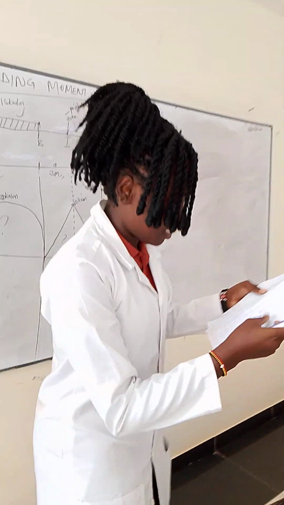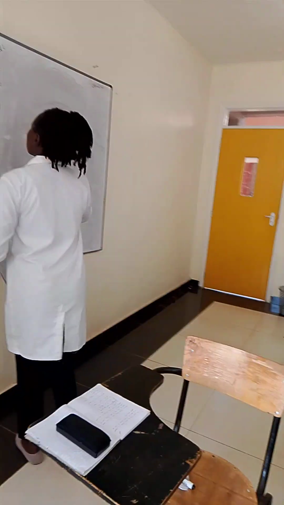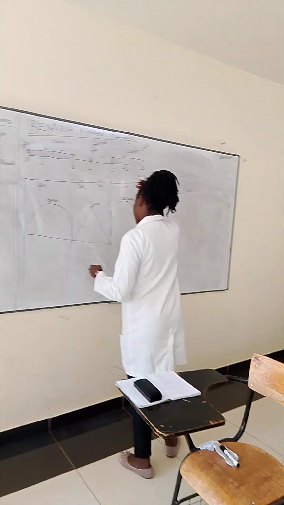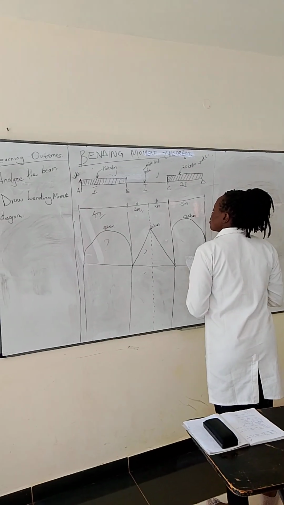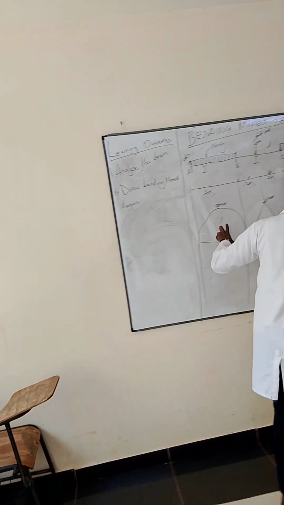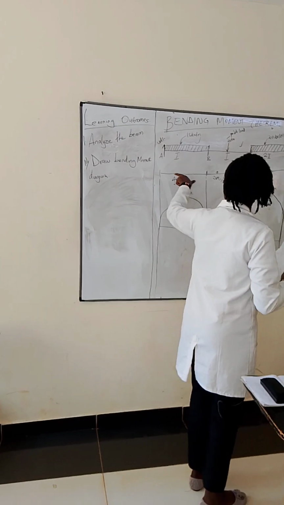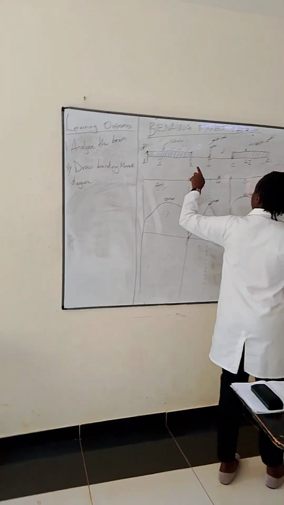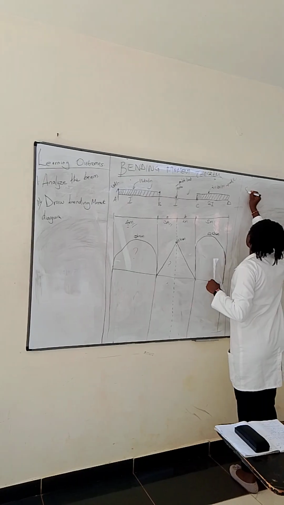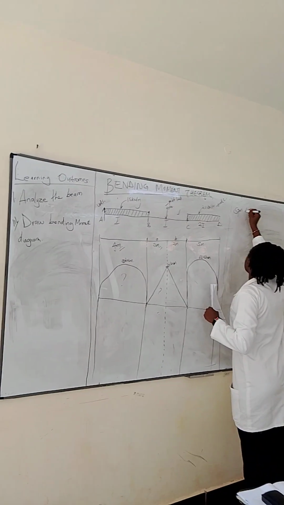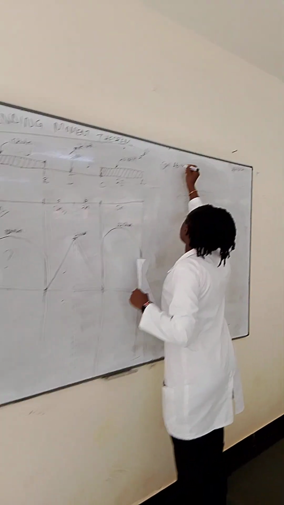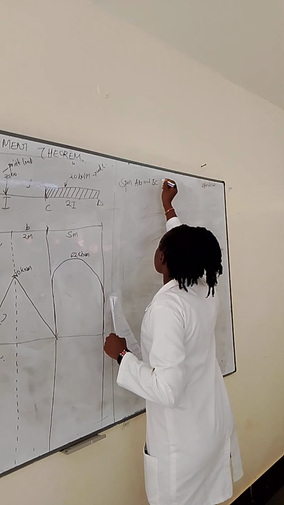So next, we're going to form a calculation for this one, AB and BC.